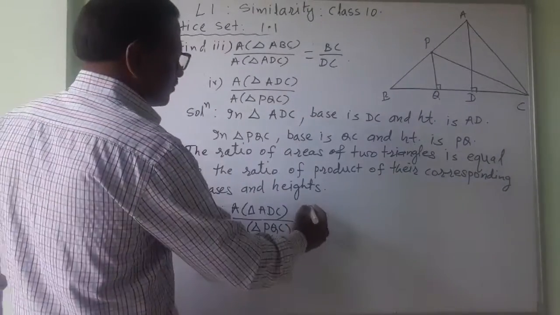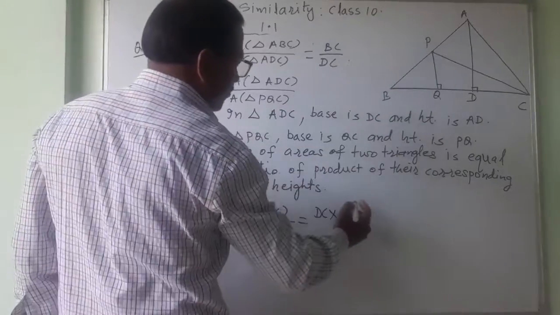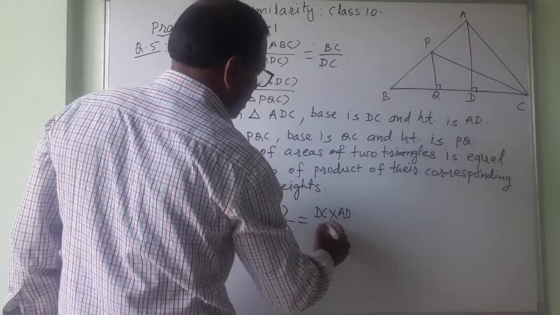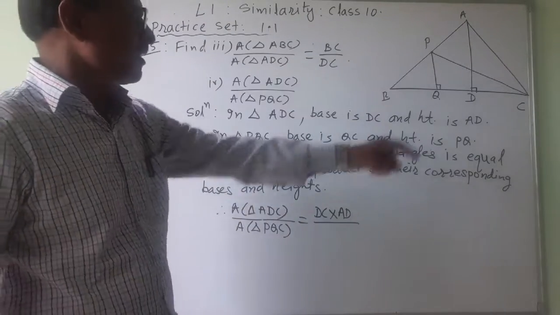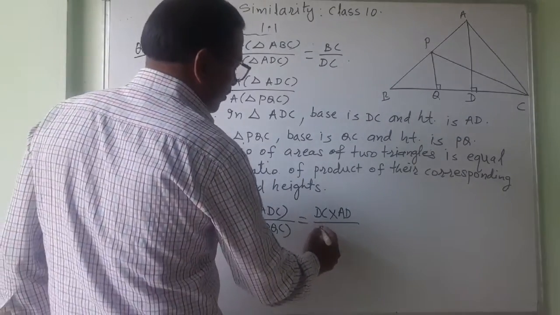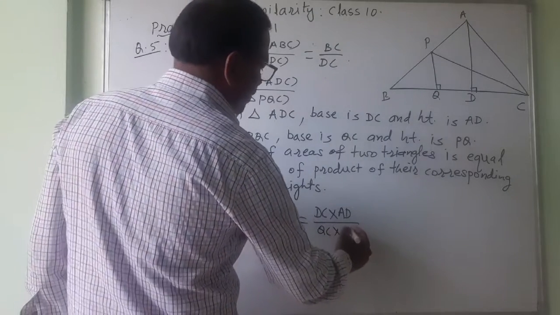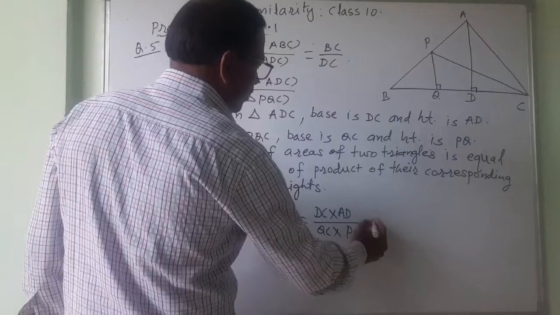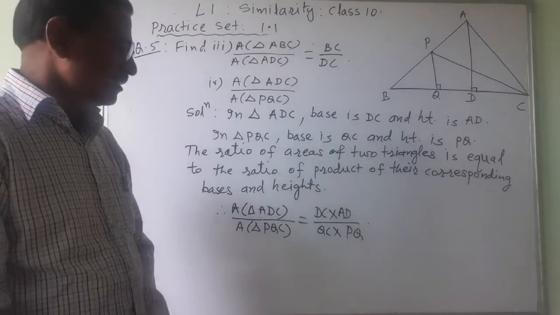DC, into what is the height? AD, upon, for PQC, what is the base? QC, into what is the height? PQ. So nothing will get cancelled. This will be the answer.